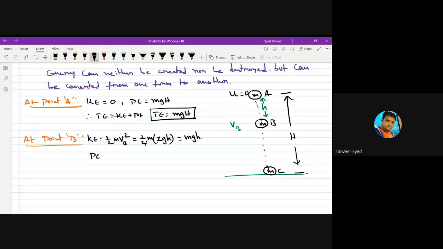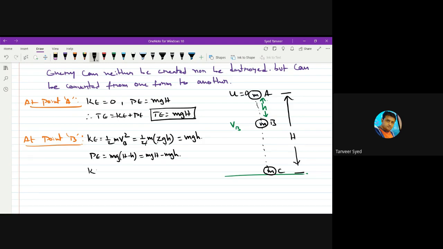What about potential energy at point B? Potential energy is mg into height. Height from where? With respect to ground. So what is the height of the body at point B from ground? It is capital H minus small h. So potential energy is mg capital H minus mg small h.